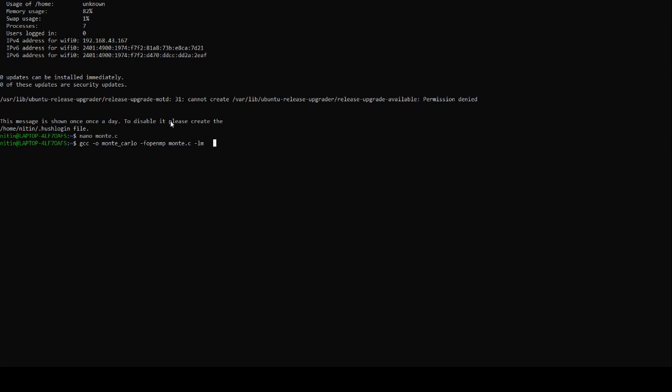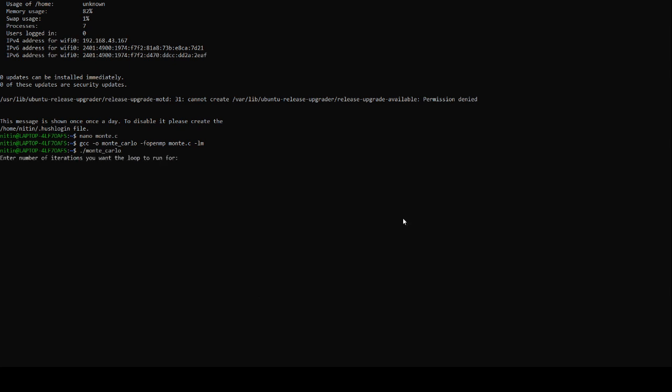As I said, I'm using Ubuntu 20. So after Ubuntu 12, math.h has to be explicitly added in the compilation. So this -lm will explicitly add the math.h library.